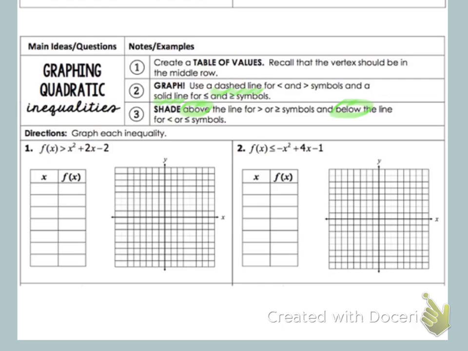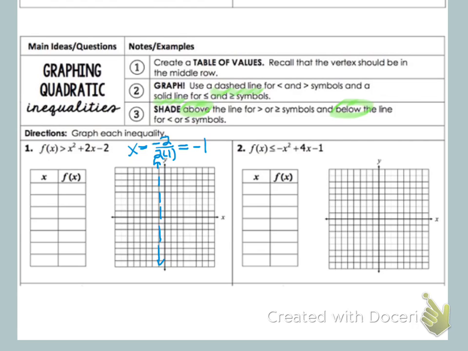So let's take a look at one of these together, and then we'll leave one of them as a u-try. So step one is we're going to find that x of symmetry. So this is going to be a parabola that opens up. Its x of symmetry is going to be the opposite of b, so it's the opposite of 2 over 2 times a. Well, the a is 1, so that makes negative 2 over positive 2, and that's a negative 1. So my x of symmetry is right here at negative 1.